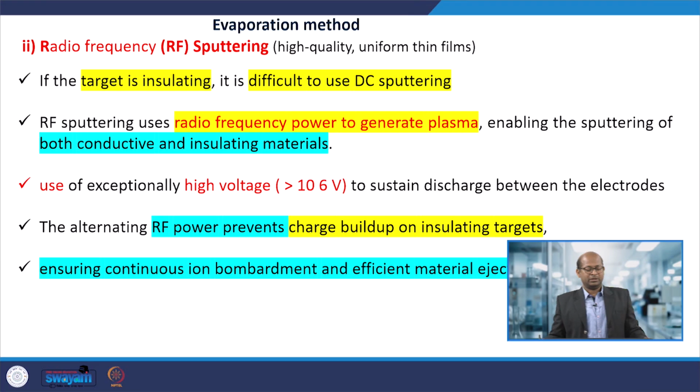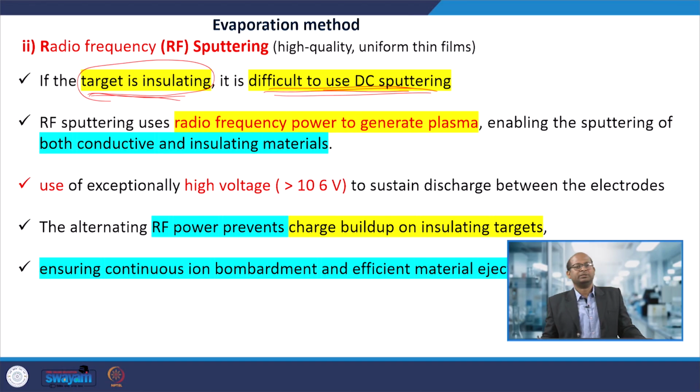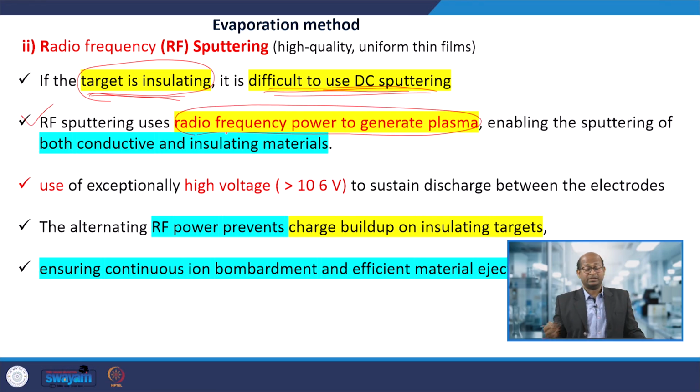So, the target materials may be conducting or may be insulating. If the target is insulating, it is difficult to use DC sputtering. Okay. So, when we use the DC sputtering method, the target may not be an insulating material. If it is insulating, then we cannot use the DC sputtering process, and you have to choose the radio frequency sputtering process to generate plasma. Okay.